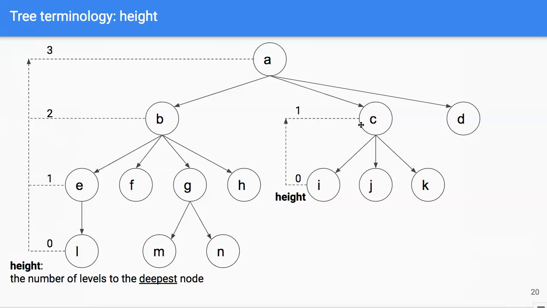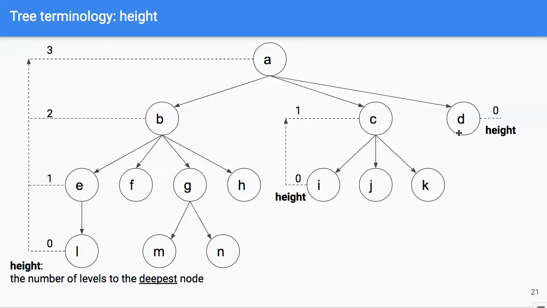So the height of C is different from the height of B, which is one of its siblings. And again, that's because the height is just the level from that node to the deepest node. And for C, the deepest node is different than the deepest node reachable from B. So be careful with that.